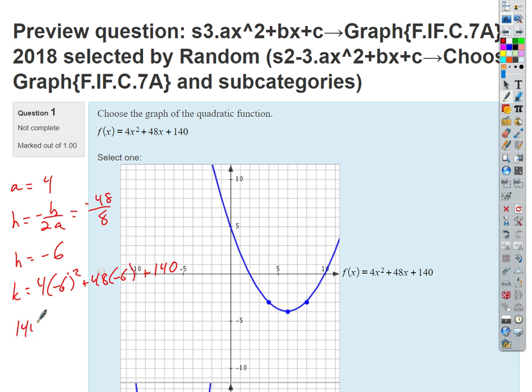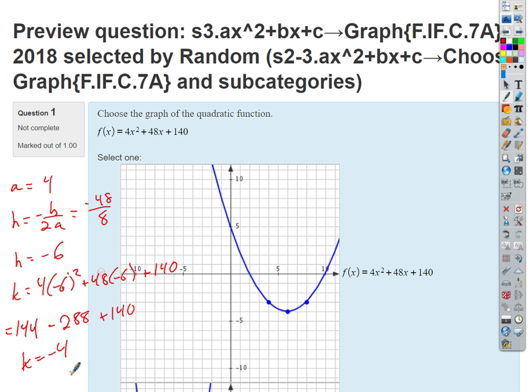So I get 144 minus 48 times 6, what's that going to be? 48 times -6 is negative 288. So then 144 plus 140 is 284. Minus 288 is -4.